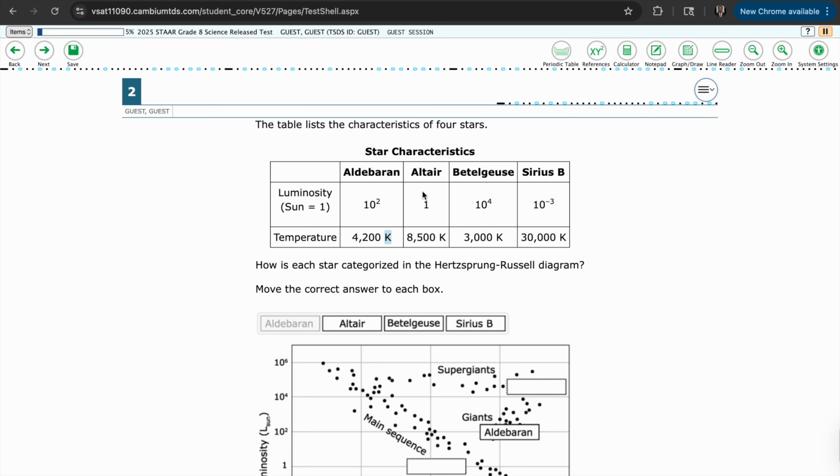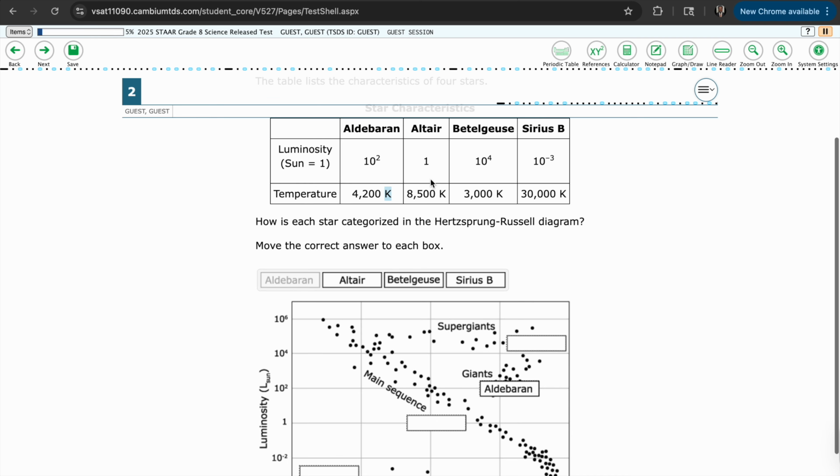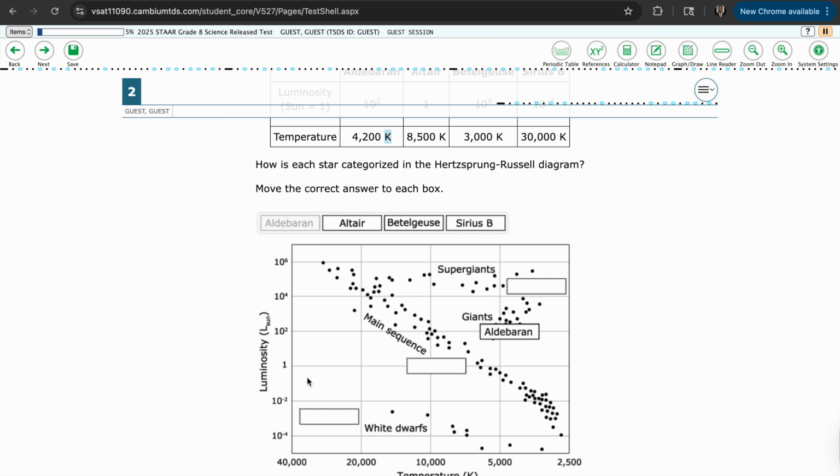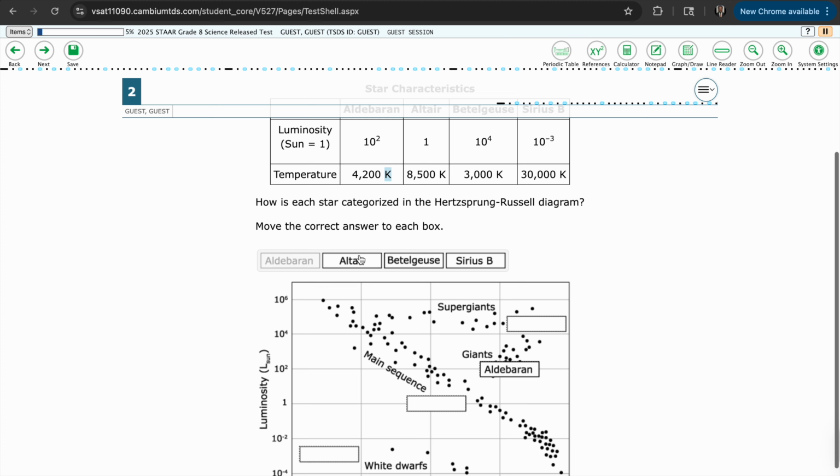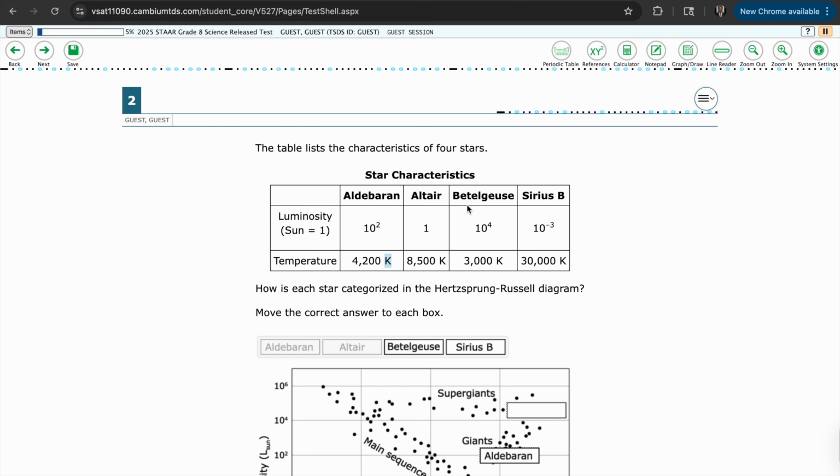All right, let's look at Altair. Luminosity is 1, temperature is 8,400 Kelvin. So luminosity 1, temperature 8,500, somewhere around right here, between 10 and 5. So this is perfect for Altair. Let's look at Betelgeuse.